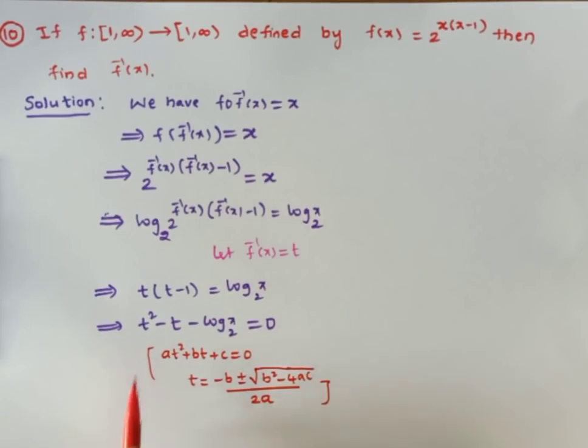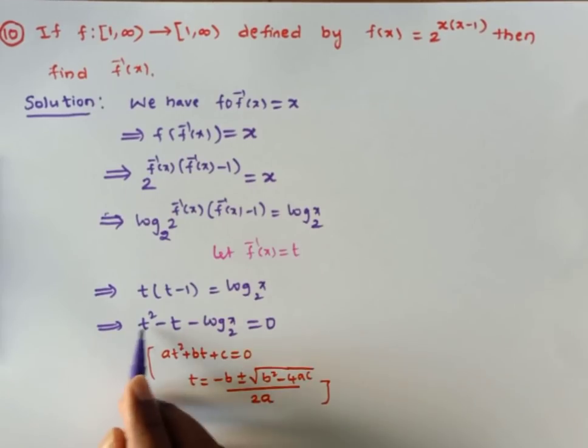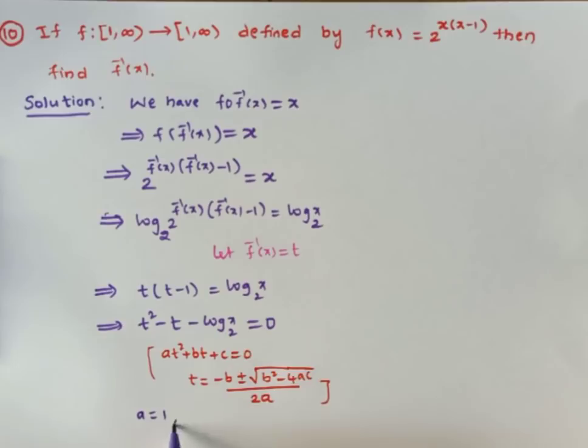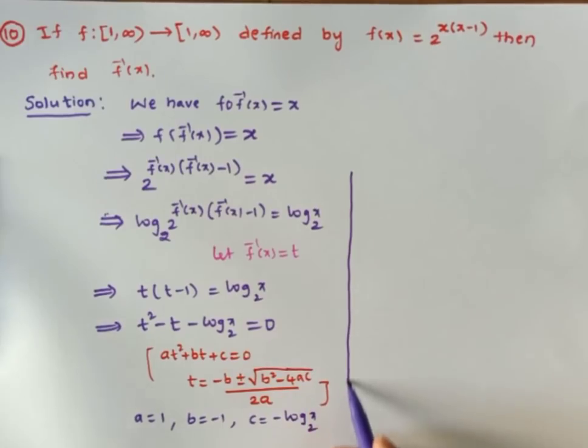Also compare the values here. Here a into t square form, so a value is 1, and b into t is there, so b value is minus 1, and c equals what? Instead of c, here minus log x base 2 is there, so c is minus log x to the base 2.